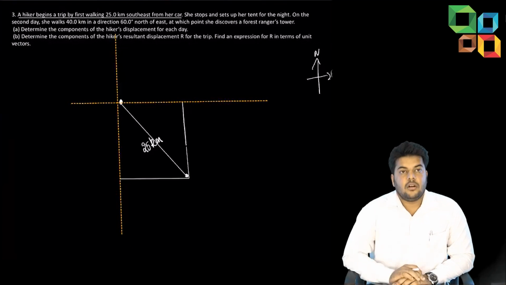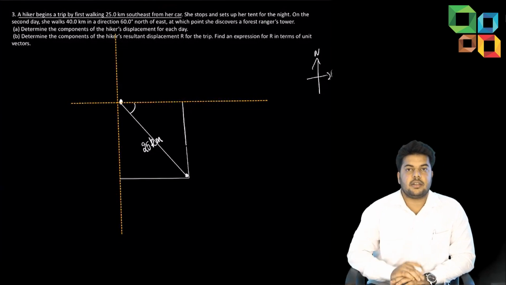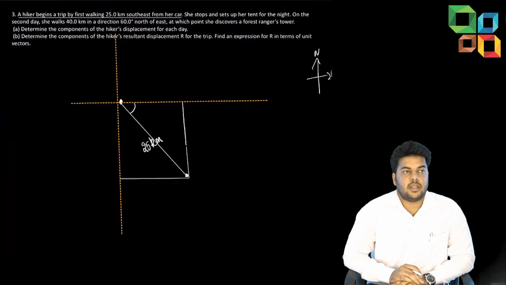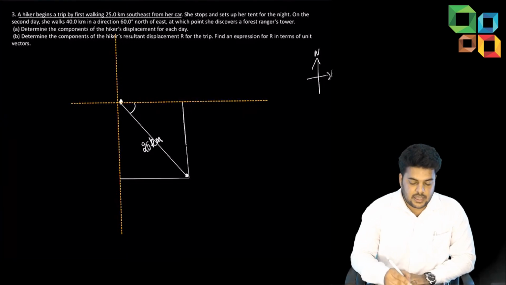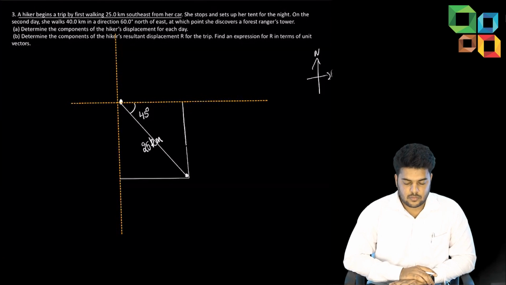Yes. Okay, now how to find that distance, Sarvesh? How to find the distance walked along the east, and the distance walked along the south? Sir, this angle is 45 degrees. Yes, Sarvesh. The angle between east and south will be 90 degrees.